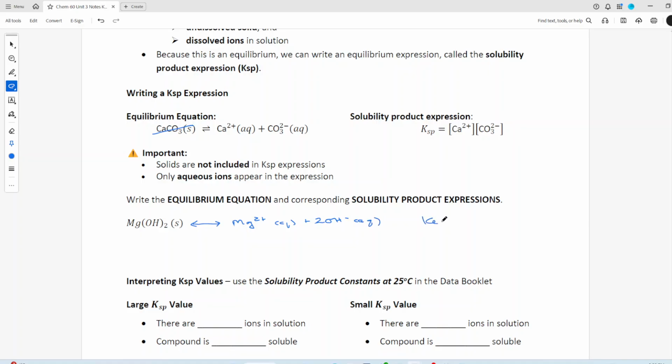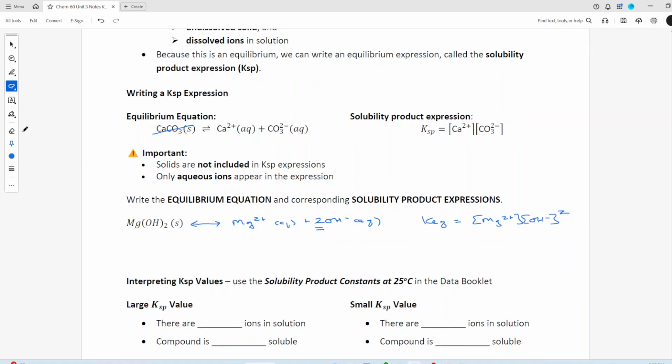So the KEQ would equal the products over our reactants, but we're not going to include the reactant. It's going to be the concentration of magnesium times the concentration of hydroxide, and don't forget whatever the coefficient on your ion is becomes your exponent.